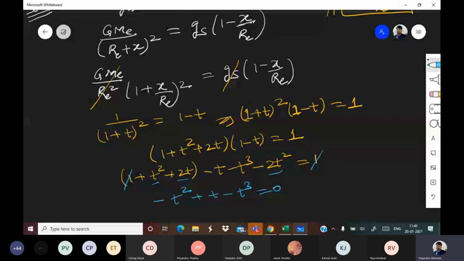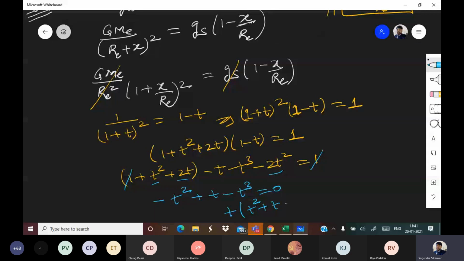So that gives us, let me take T as common. So when I'm going to take this as common, T square plus T minus 1 is equal to 0.